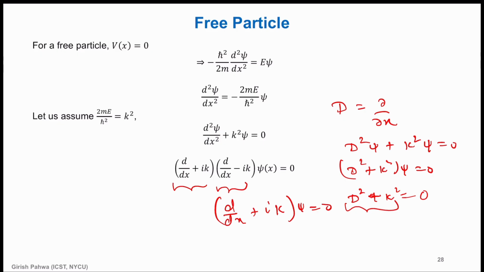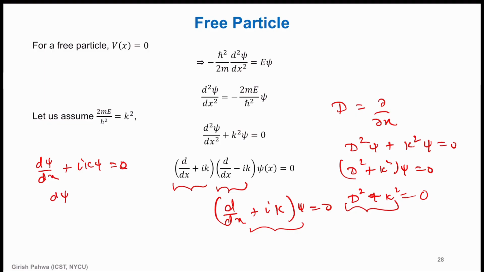This is a first order differential equation. Basically you have converted a second order into first order, and this is not a very difficult equation to solve. How do I solve it? Can you quickly solve this equation? It's easy. So d psi by dx plus iota k psi equal to 0, right?